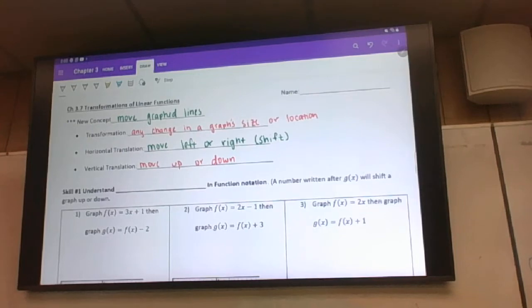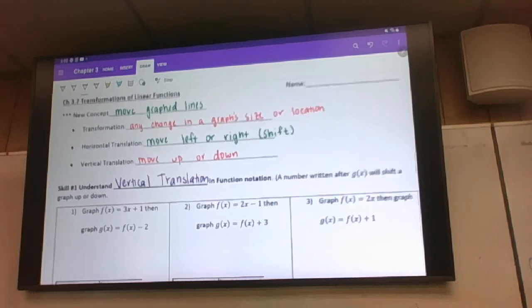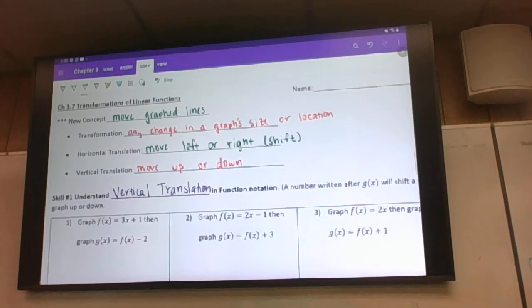So our first skill is understanding a vertical translation using function notation. So without words, only with symbols.